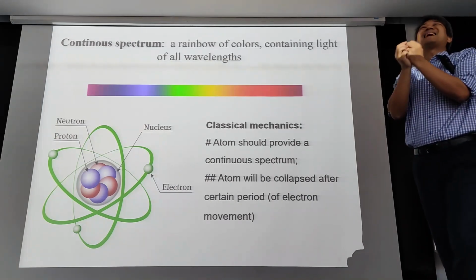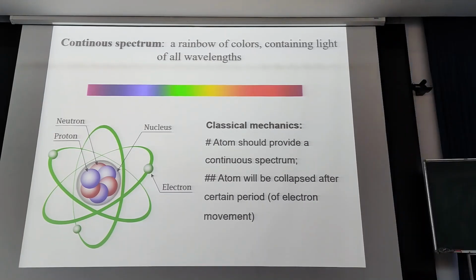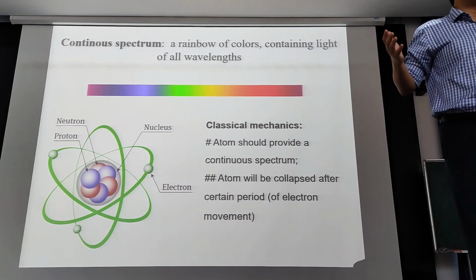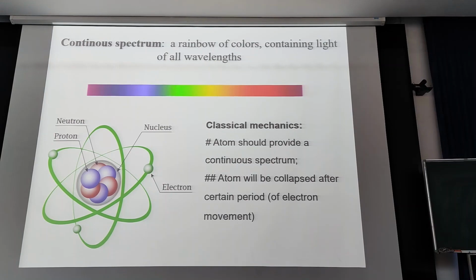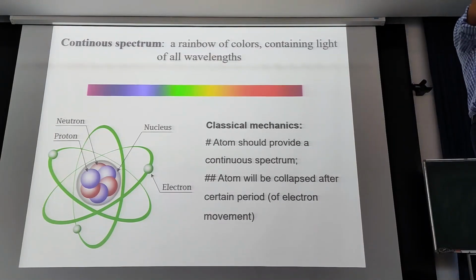That means by classical physics, you can imagine that the negative electron will get closer, closer, closer, and then sink into the nucleus, and the atom will disappear. But when you keep one atom in vacuum, it will be stable forever. That means the electron moving closer and collapsing into the nucleus does not happen in reality. So the concept of classical physics, the interaction between the positive charge and the negative electron charge, does not apply to this kind of atom.